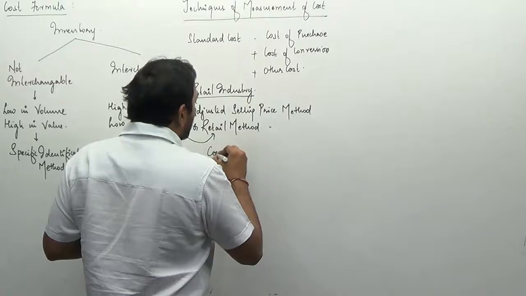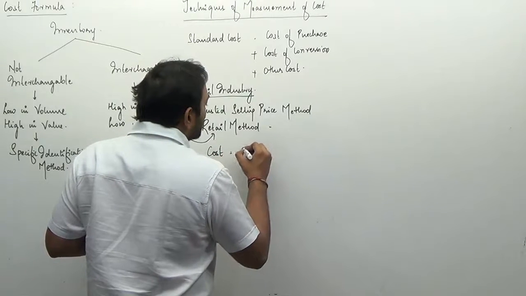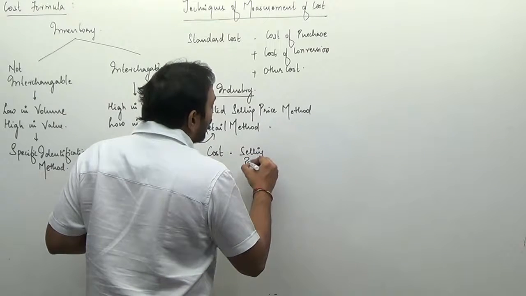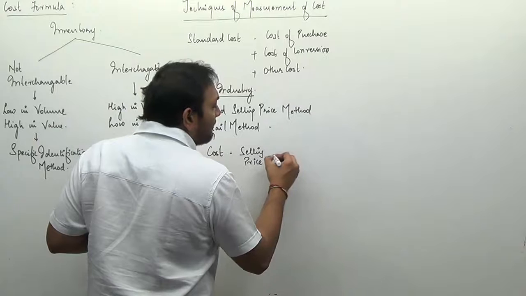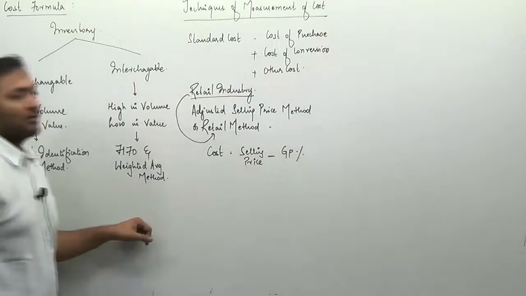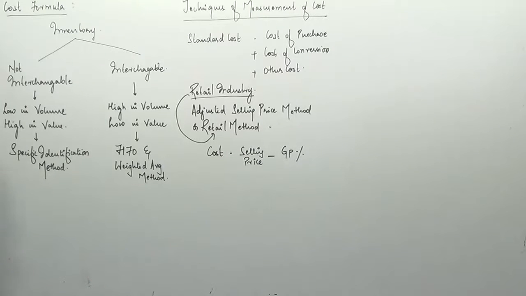Here I'll say cost is equal to the selling price, estimated selling price which is given there. Normally it is the MRP minus GP percentage. If you reduce the profit from the selling price, obviously we get cost. So in a simpler sense, I am putting it as cost is equal to selling price minus GP percentage.